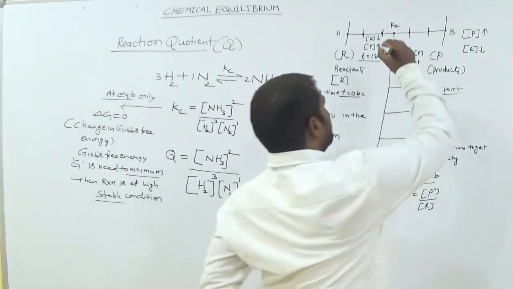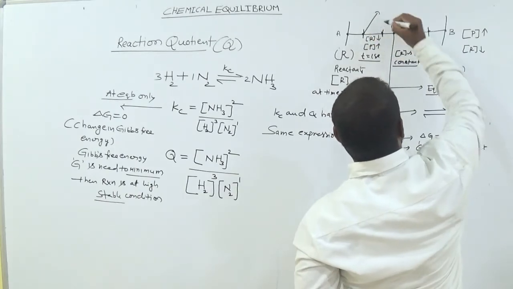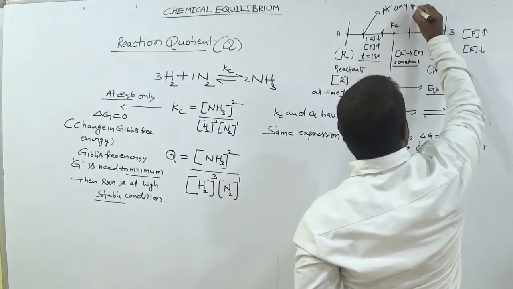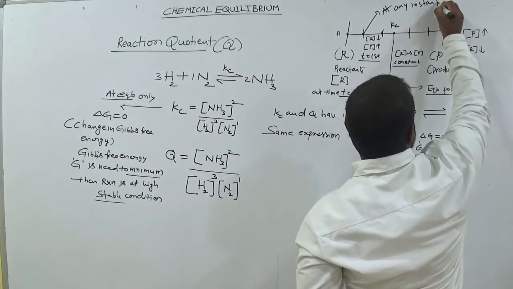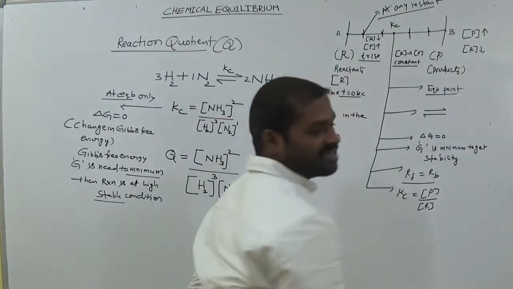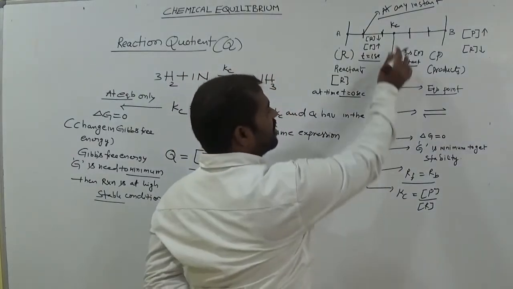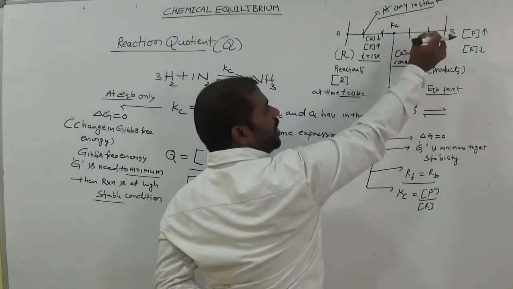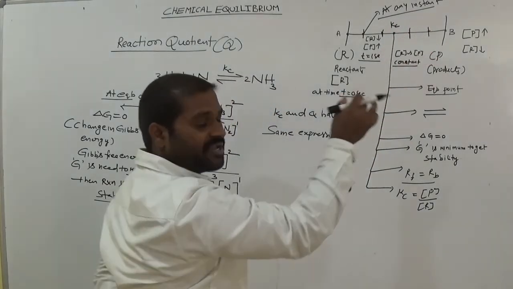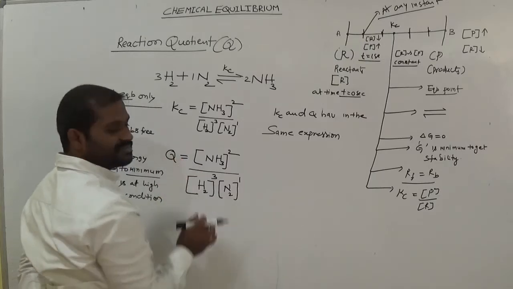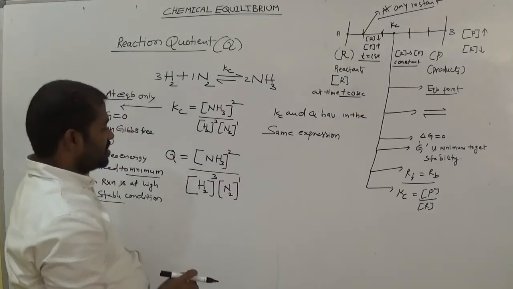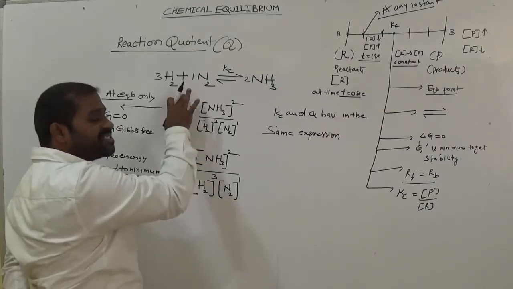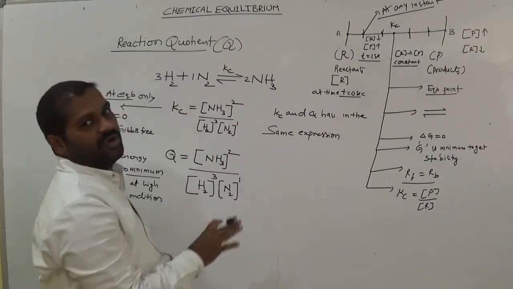Okay, so this is at equilibrium. We call it simply at any instant, not at equilibrium condition, at any instant except this point, if the expression of the reversible reaction is taken as Q. Okay, so that is called the reaction quotient, where this expression is clearly at equilibrium only.